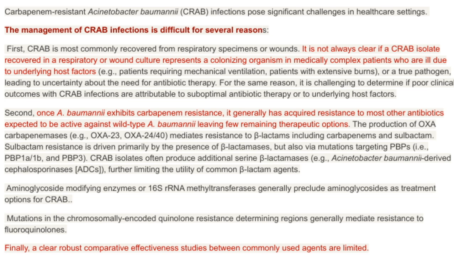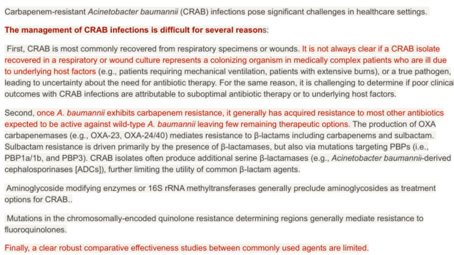Second, once A. baumannii develops resistance to carbapenems, it usually becomes resistant to most other antibiotics that would normally be effective. This leaves us with very limited treatment options. For example, resistance to beta-lactams, including carbapenems and sulbactam, is often mediated by the production of OXA carbapenemases, like OXA-23 and OXA-24/40.